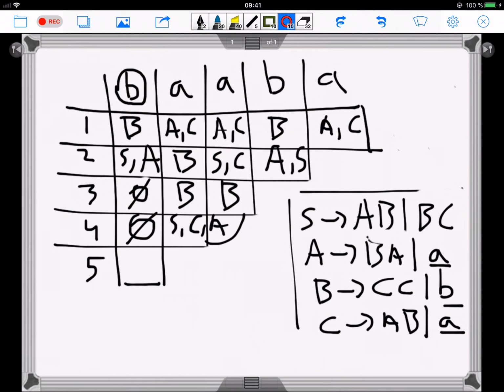Okay, so finally we are arriving at the last cell. We need to consider this cell with this cell, BS or BC.